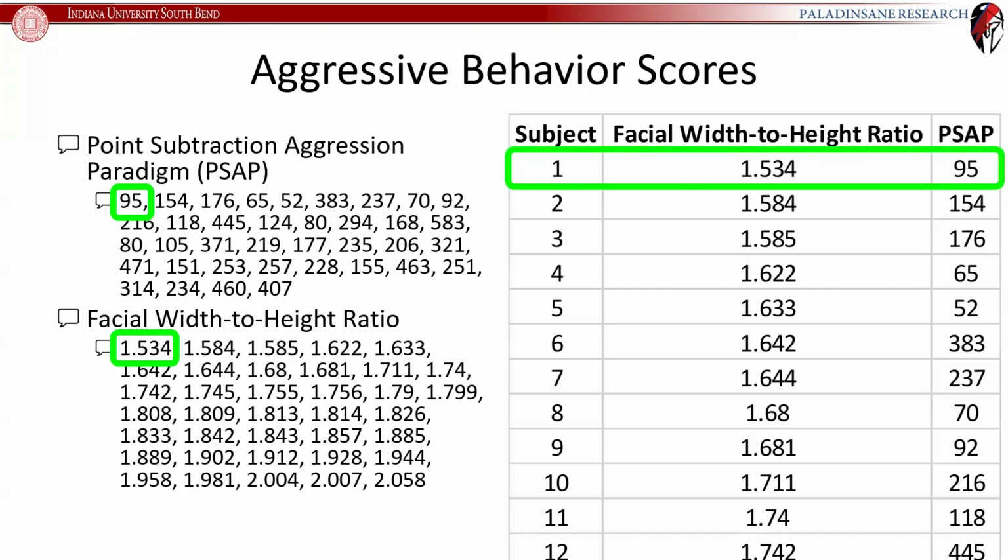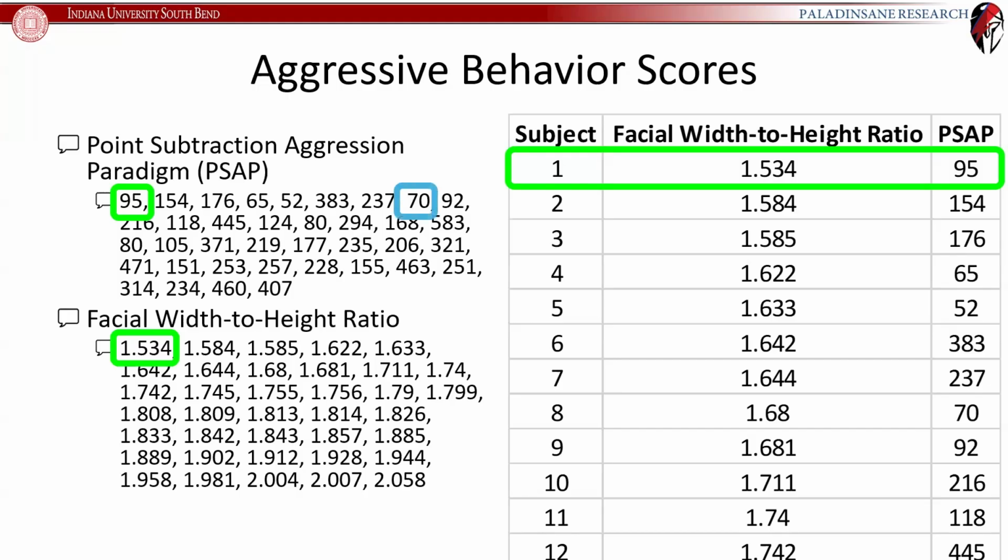So subject number 1, they measured his face, had a face width to height ratio of 1.534, and then they gave him the point subtraction aggression paradigm measure, and he scored a 95. Those are his 2 scores. That makes this score eligible for our scatter plot.